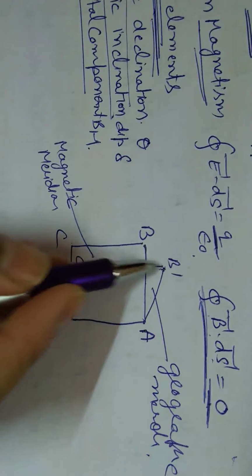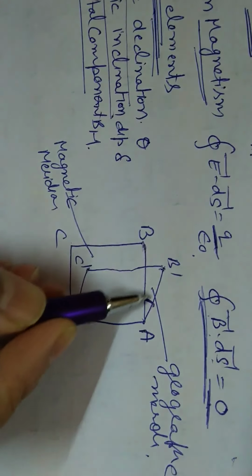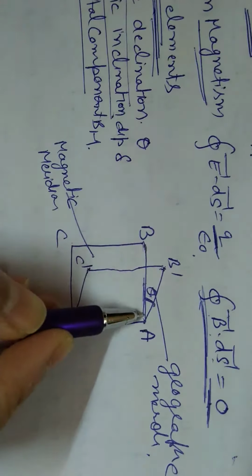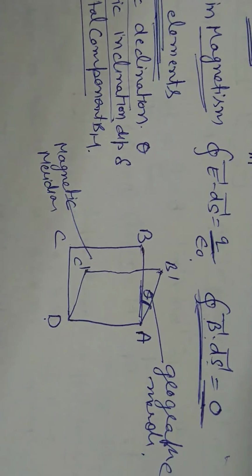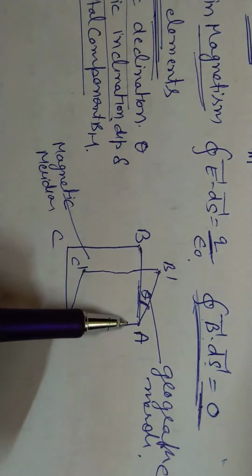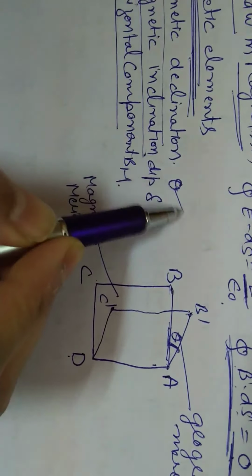And the angle between these two at a particular place, because if the axes are not coinciding, then the meridians are also not coinciding, this angle is called declination.